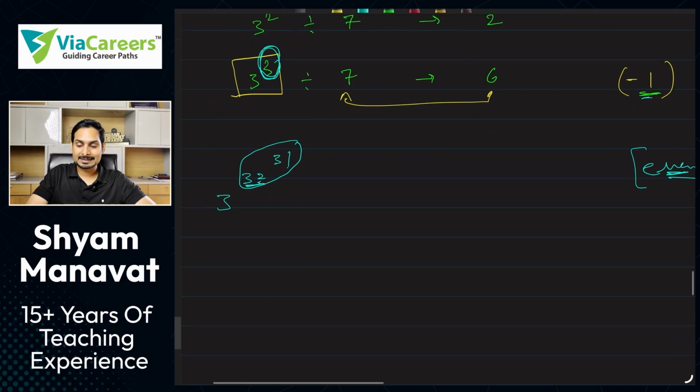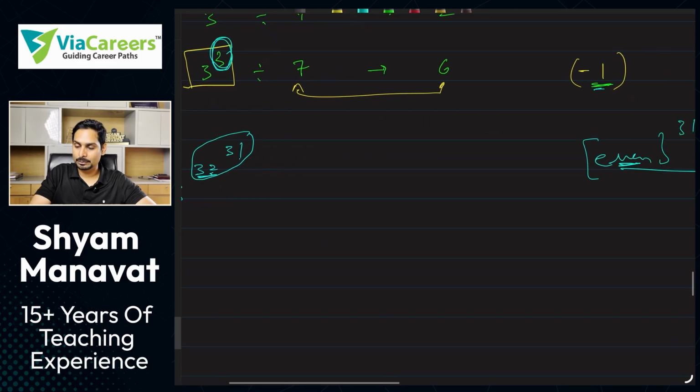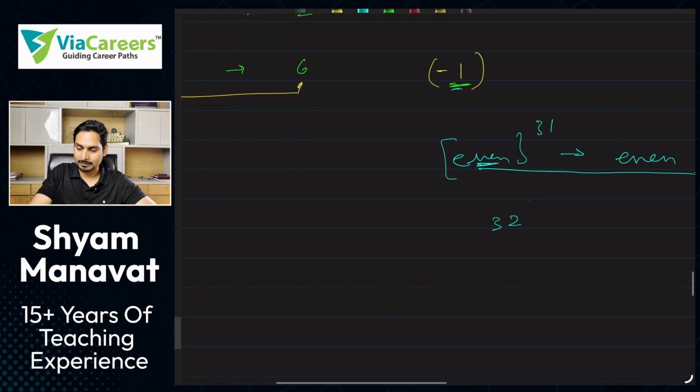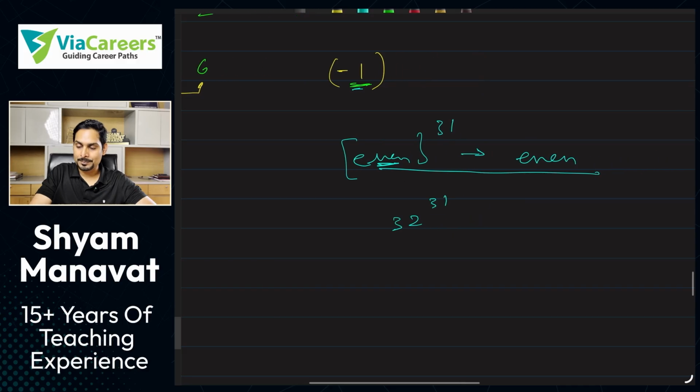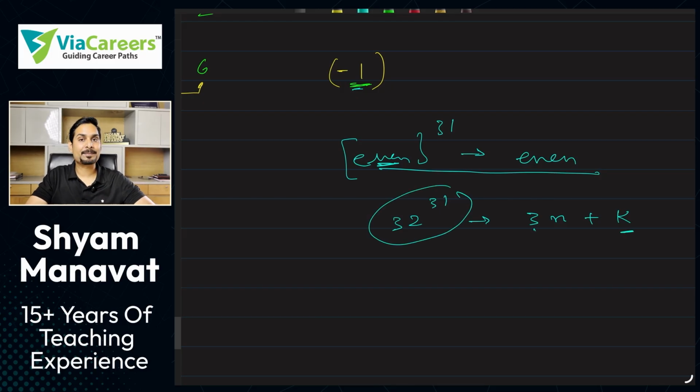Next, I want to write this 32 to the power 31 in the form of 3n plus k. If you understand this well, this k is nothing but the remainder when this value is divided by 3, right?